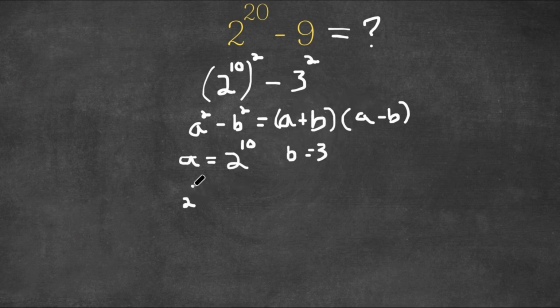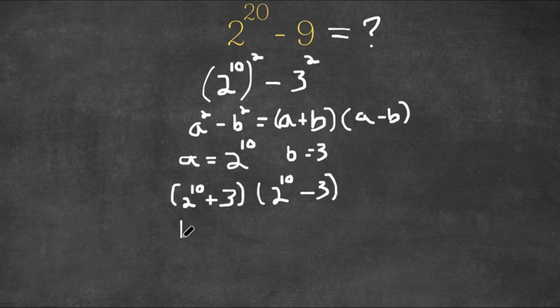So now if we plug in a and b in this expression, we would get 2 to the power of 10 plus 3 in parentheses times 2 to the power of 10 minus 3. Now 2 to the power of 10 is 1024. And we still have our plus 3.